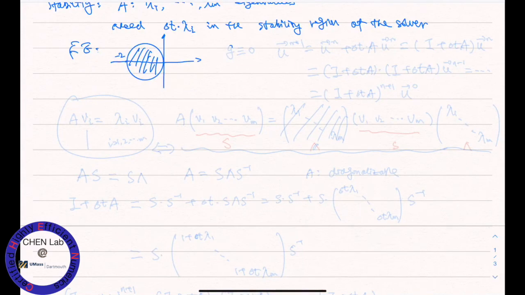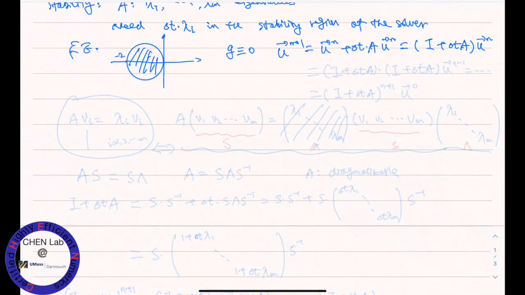So if we look at the simple case of when G is 0, so we have zero boundary condition, what we have is then this U vector n+1 is equal to U vector n plus delta t times that A U vector n. Alright, so this can be, of course, rewritten as identity plus delta t A times U vector n, right?